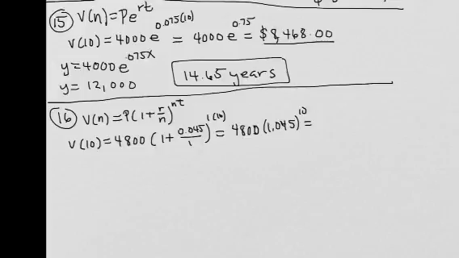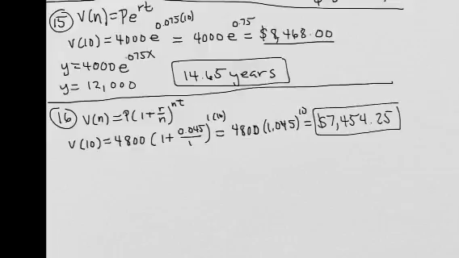It's compounded annually, so n is 1. And so you'll see the values substituted into the equation, and then simplified right here. And when you put it into a calculator, you get $7,454.25. So that would be how much money this account would have after 10 years.